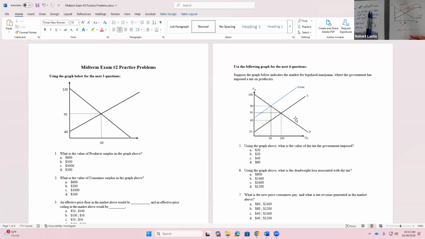Setting a tax that is exactly equal to my external cost. That way, I would get my supply curve to match up perfectly with society's marginal costs. Okay. Now, what else could I use here if I had negative externalities?